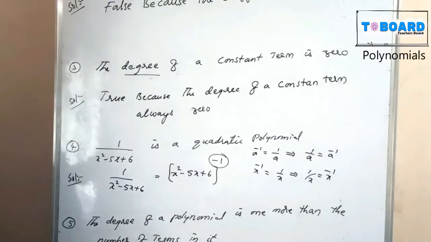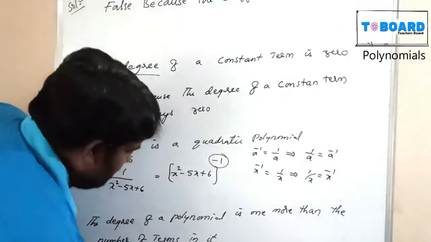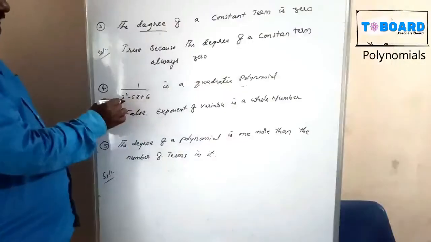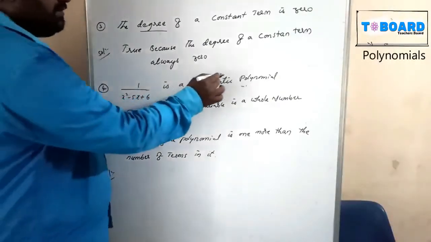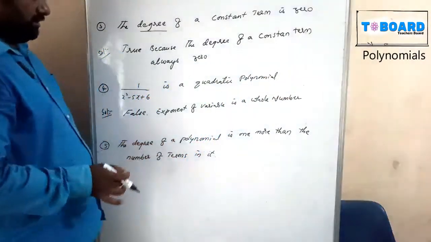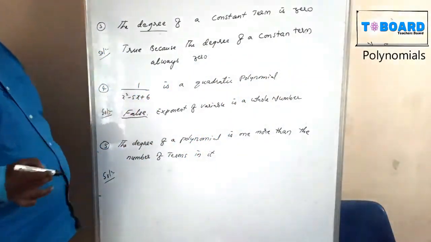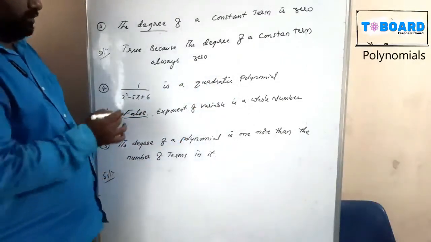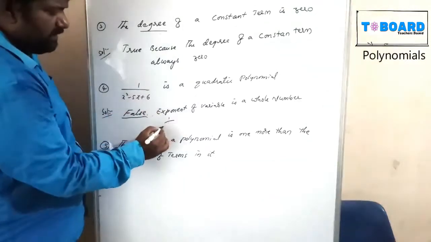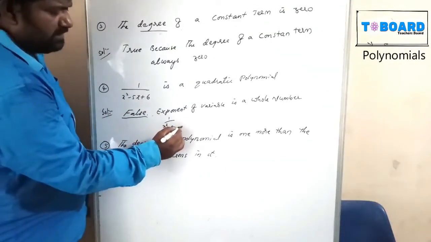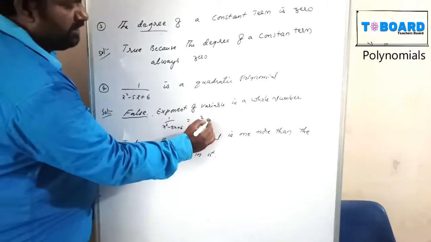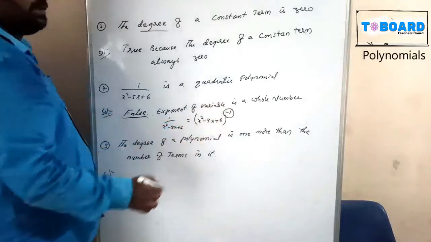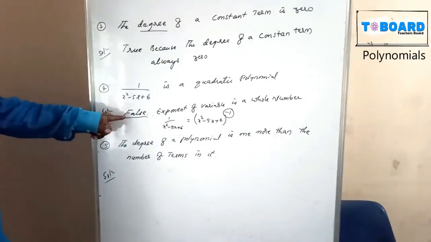The statement that 1 by x square minus 5x plus 6 is a quadratic polynomial is false, because the exponent of the variable must be a whole number, but here 1 by x square minus 5x plus 6 equals x square minus 5x plus 6 whole power minus 1. Minus 1 is not a whole number, so it is not a polynomial. That's why it is false.